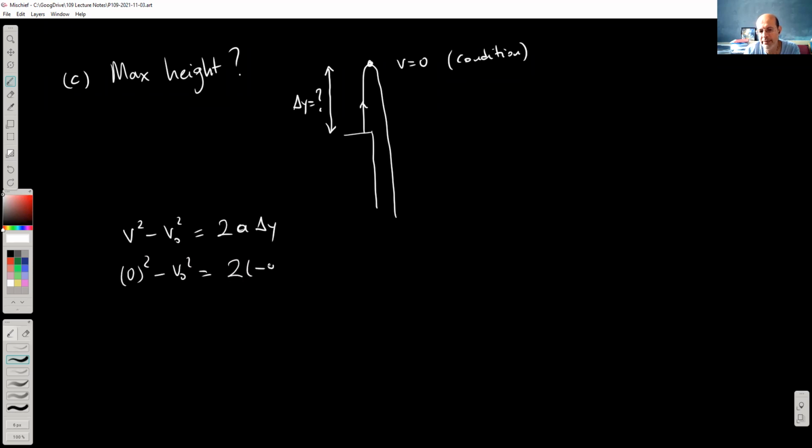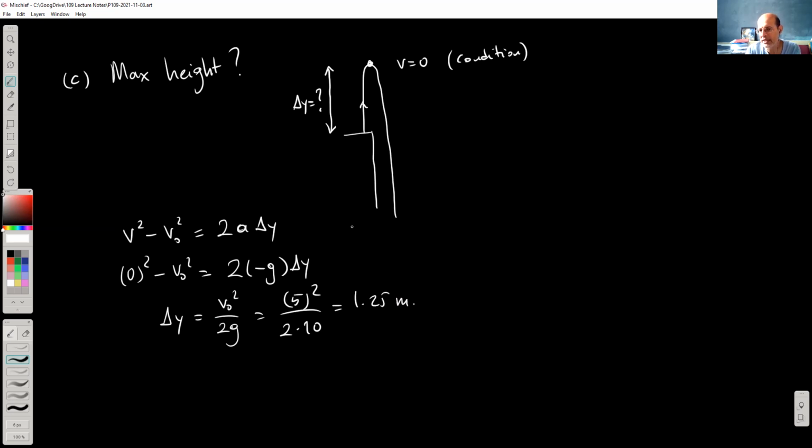The acceleration is minus g, and delta y is positive here, so the right-hand side is negative. Similarly, the left-hand side is negative, so therefore delta y equals V0 squared over 2g. In this case, this is 5 squared divided by 2 times 10, which is 25 divided by 20, so that's 1.25 meters.